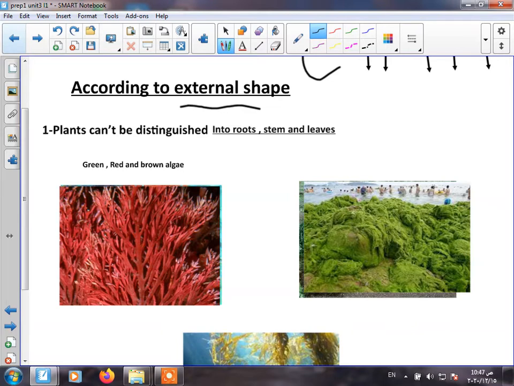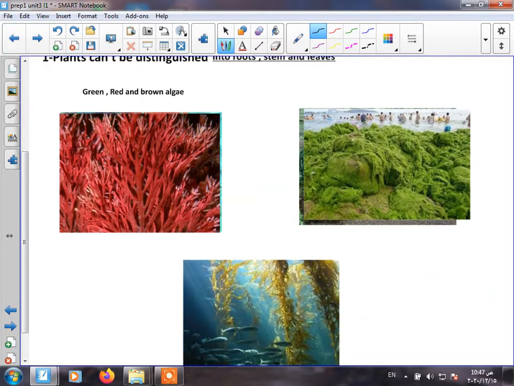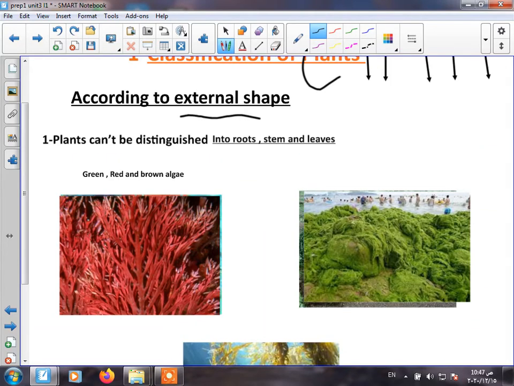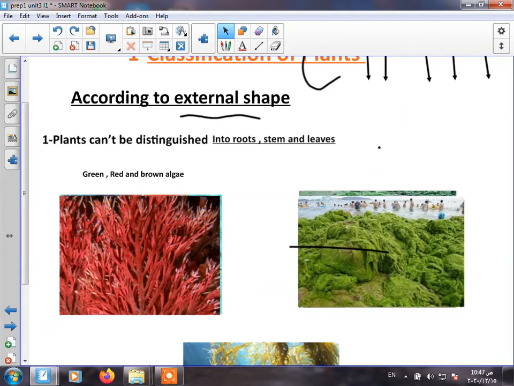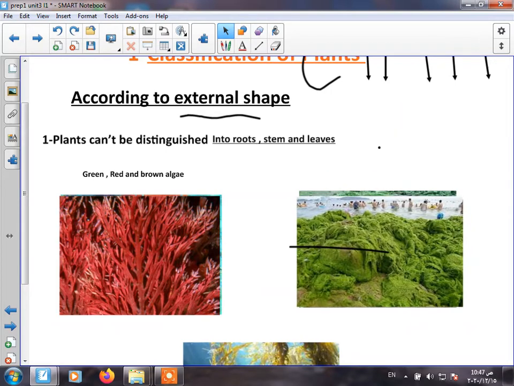I have two types in this classification. Plants that can't be distinguished into roots, stem and leaves. Here we can't determine where is the stem, where is the root, or where are the leaves. Plants that can't be distinguished into roots, stem and leaves are like the green, red and brown algae.